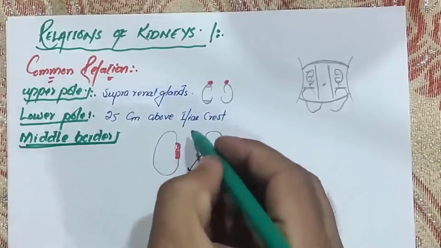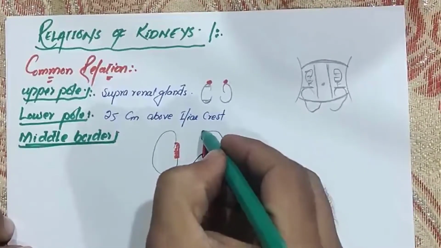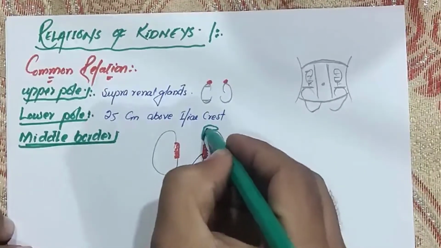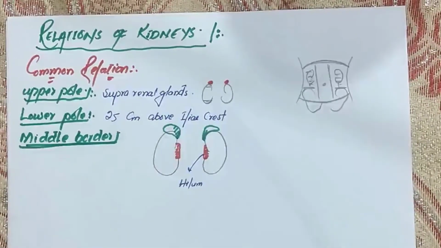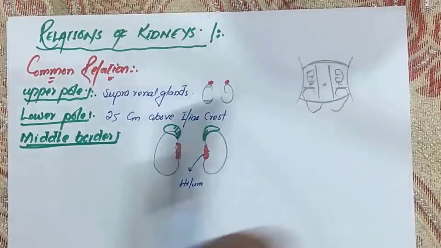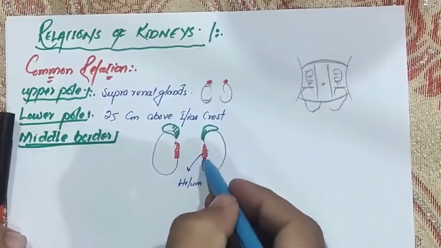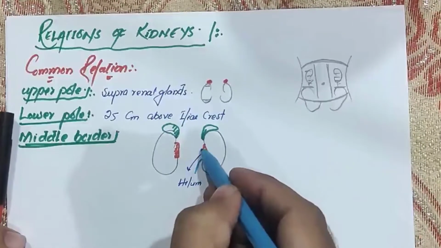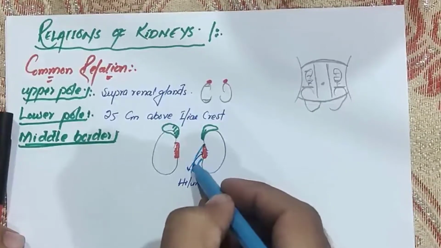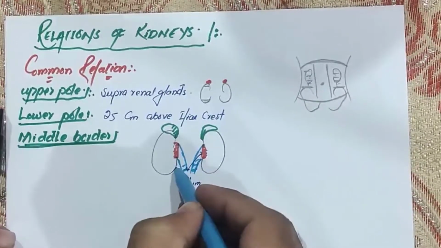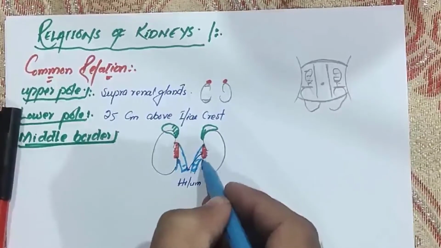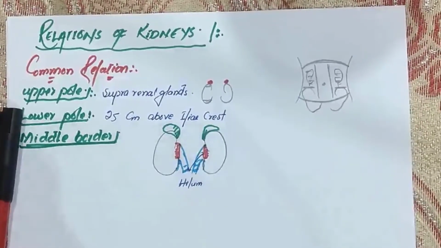Above the hilum the medial border is related to the suprarenal gland like this, and below the hilum the medial border is related to the ureter. So this is the ureter and this is also your ureter. This is the medial border below the hilum and this is the medial border above the hilum.